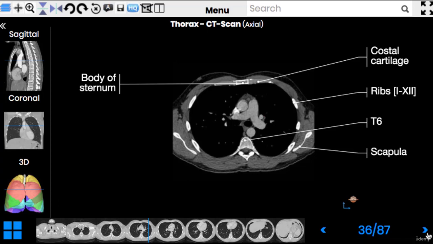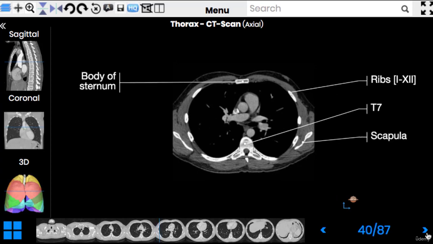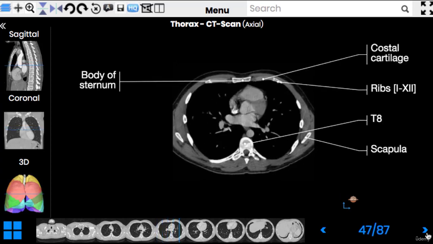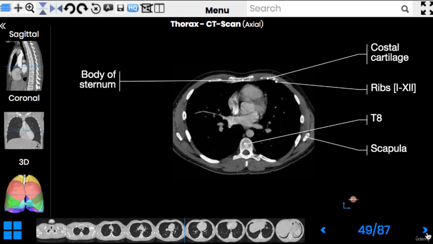And as I scroll further down, you will see how this pulmonary vein runs to the left atrium and opens in it. This structure right here is the left atrium with 1, 2, 3, 4 kind of legs. These legs are the pulmonary veins as they enter it.